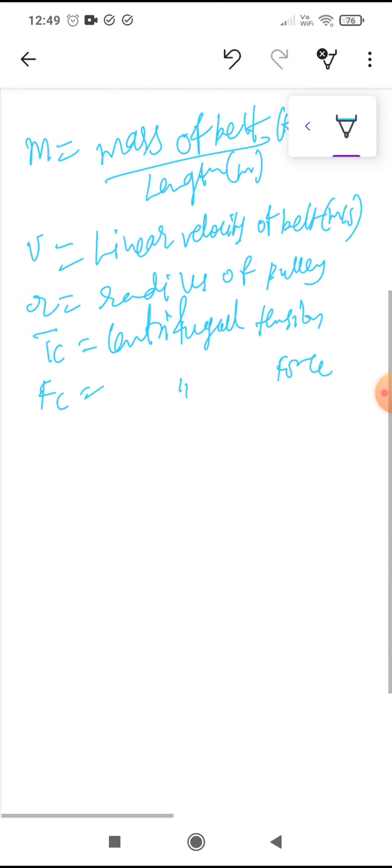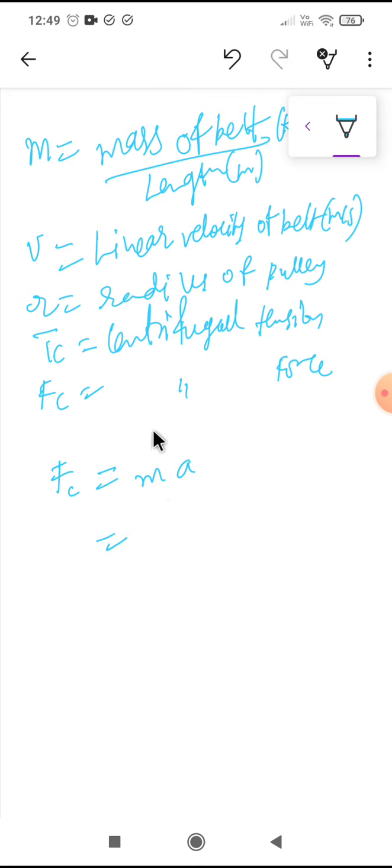So now FC, the centrifugal force, what is the formula for force? We know that the formula for force is mass into acceleration. Here I am just writing mass as m dash. So the mass of the belt will be m into the length, so it is m into L into acceleration a.